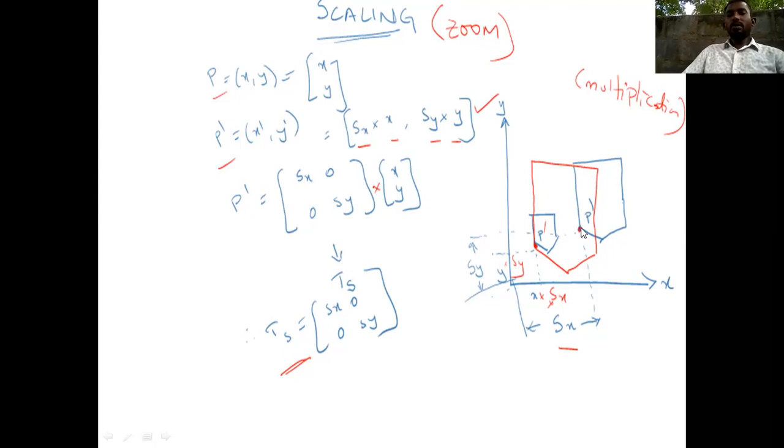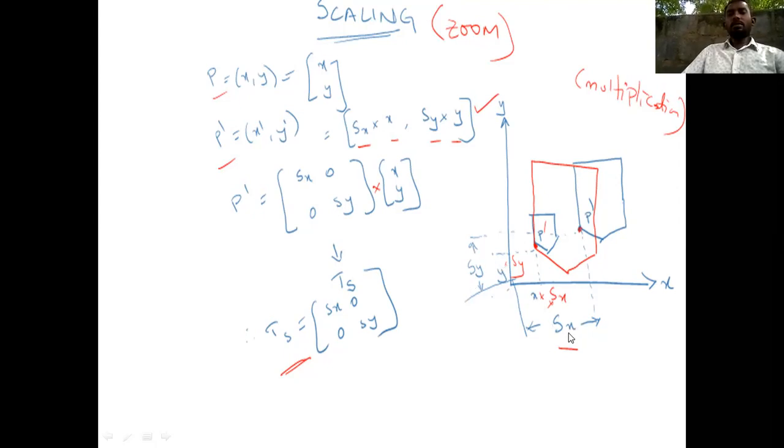Here we indicate P dash, the final object. In the x direction we write Sx, and in the y direction we write Sy. Sx means scaling in the x direction, and Sy means scaling in the y direction. That is the meaning.